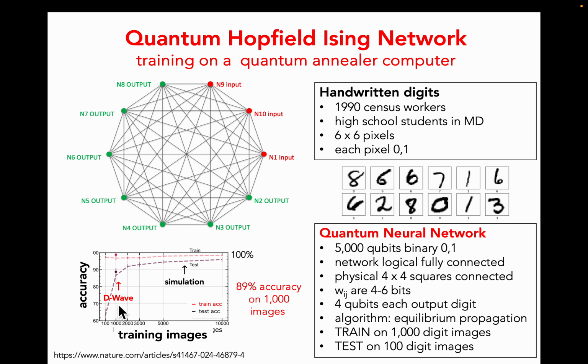What they've also done here is a computer simulation of what would happen if this quantum computer had a lot more qubits. If that were the case and they were able to analyze 10,000 images, the accuracy you would get is actually close to 97%, which is very close to what the traditional neural network got.